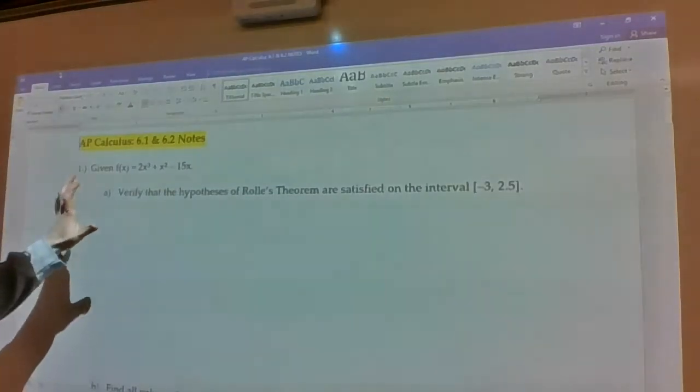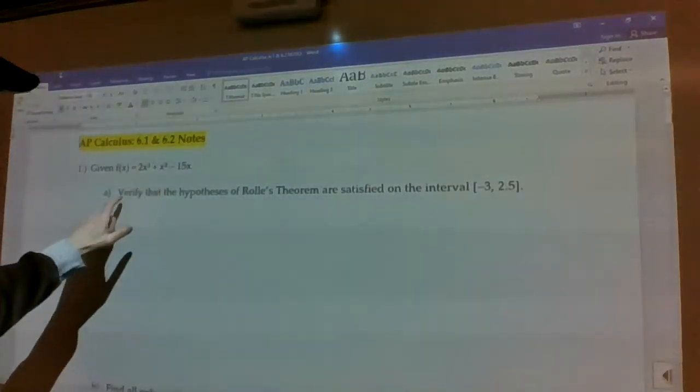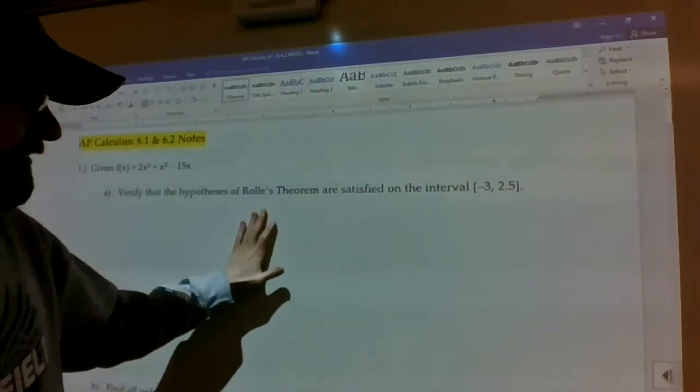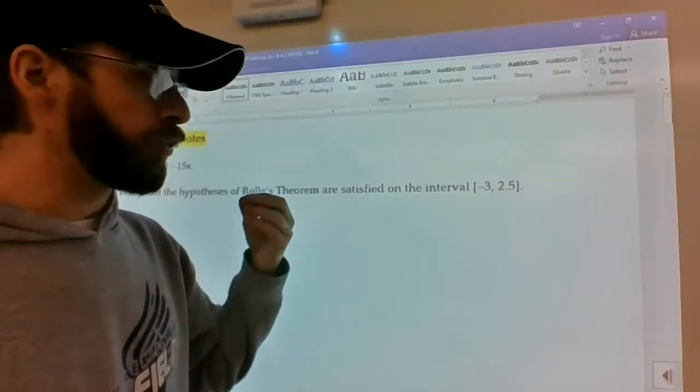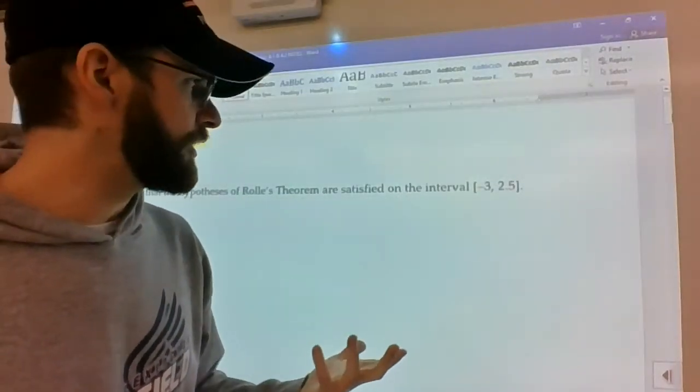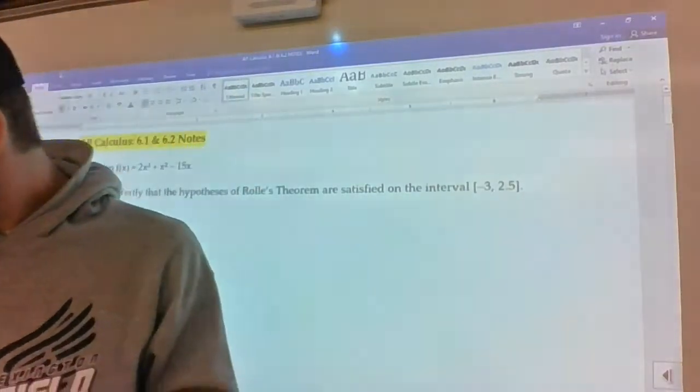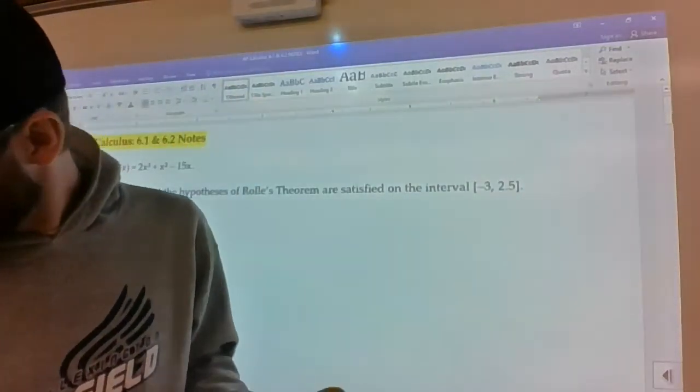So the first task is, you're given a function f of x. We are going to verify the hypotheses of Rolle's theorem over the closed interval -3 to 2.5. Here's what Rolle's theorem says.